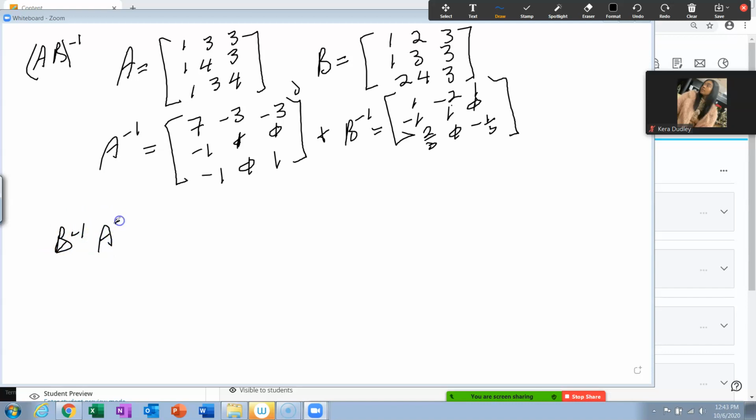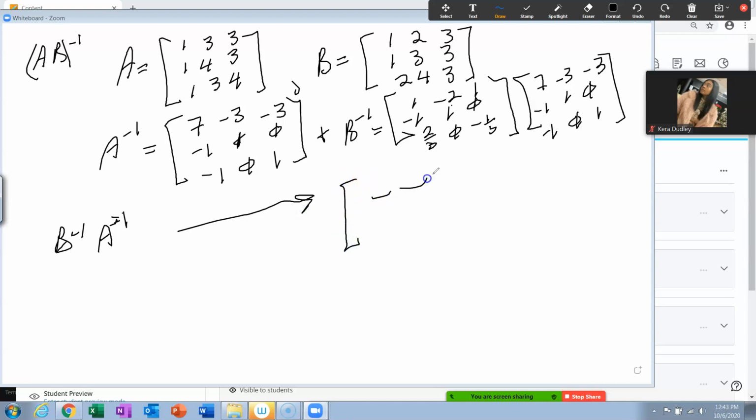So I'm going to take the A inverse and write it again over here: 7, minus 3, minus 3, negative 1, 1, 0, and 1, negative 1, 0, 1. We're going to multiply those two together, and this will give you a three by three result.